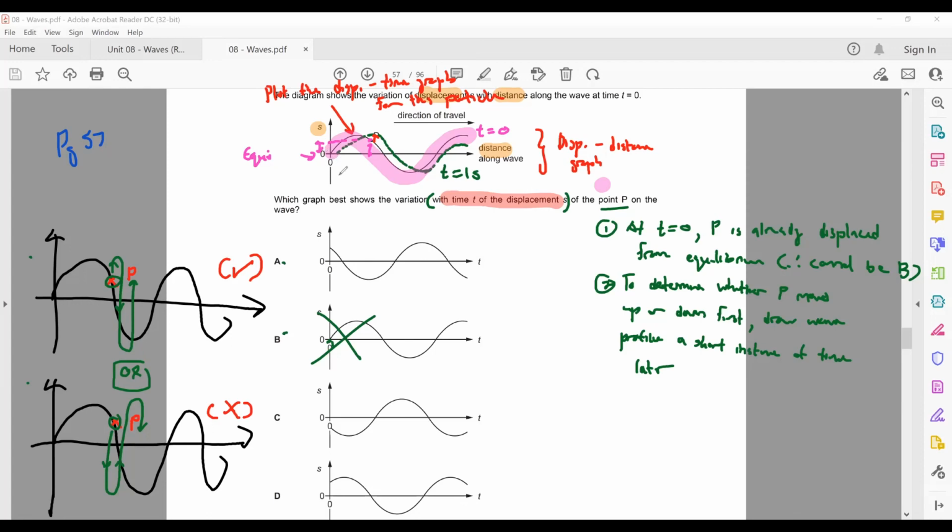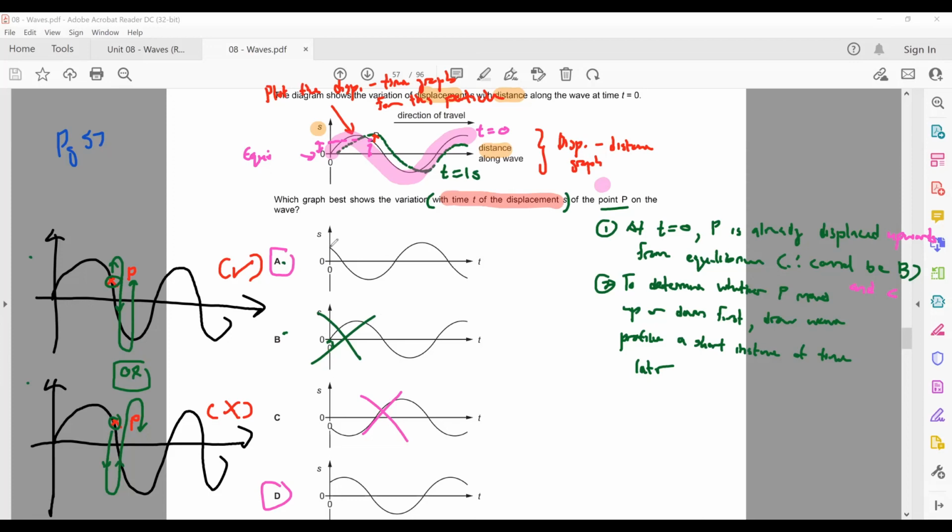So it cannot be B. It cannot be C also, because it's already displaced upwards. Okay, so cannot be B and C. All right. So you are only left with either A or D.